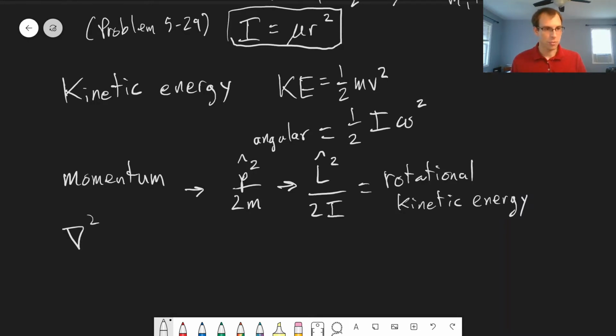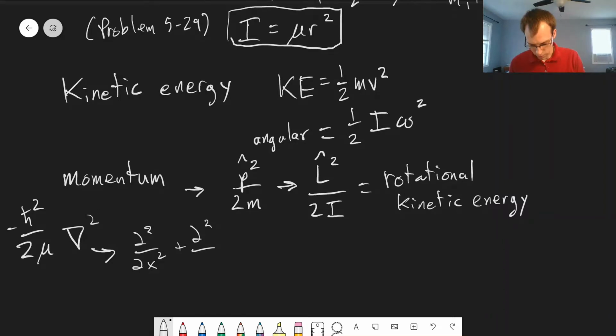For a three-dimensional system, we had negative h bar squared over 2m, or mu if we're dealing with reduced masses. And that works fine for Cartesian coordinates, where del squared gives you d squared dx squared plus d squared dy squared plus d squared dz squared.